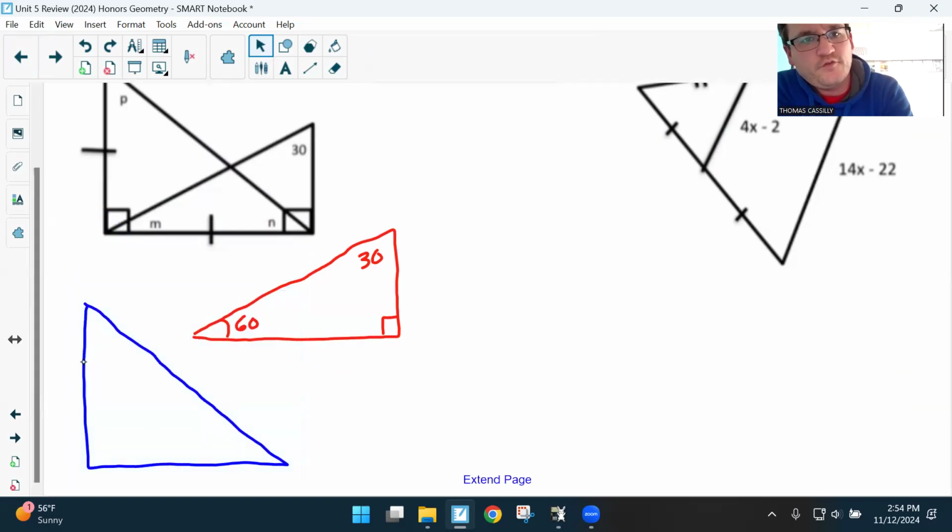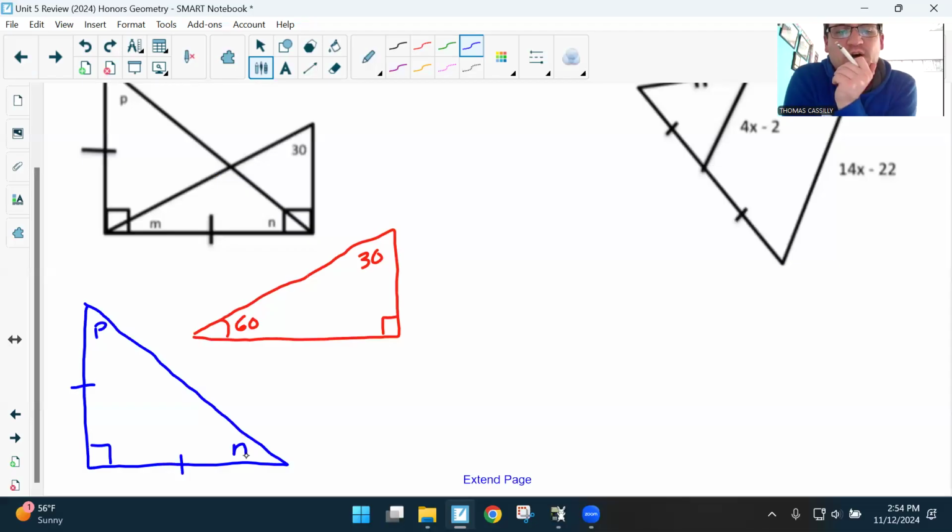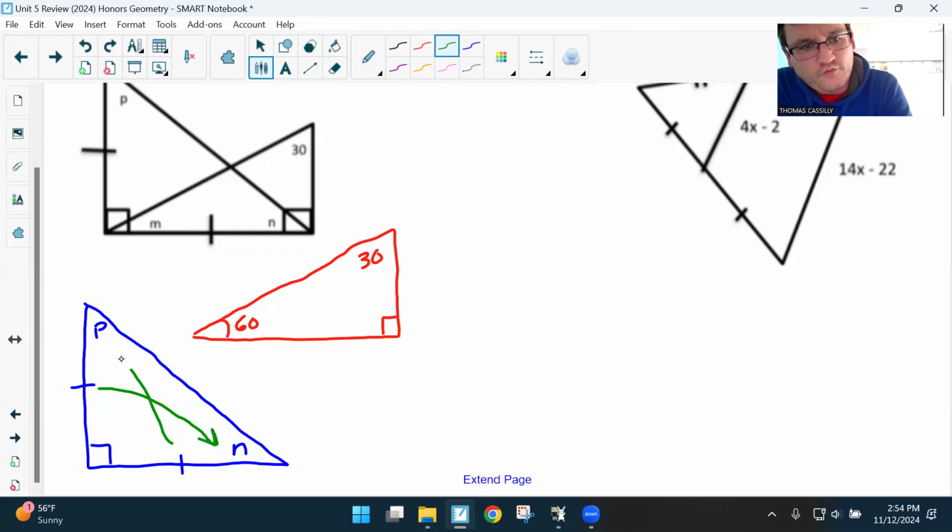Notice how I have a 90-degree angle right here, and I have an isosceles triangle. So we have point P right here. We have point N, angle N right there. Well, guess what? We have an isosceles triangle. We have 2 congruent sides. That means we have 2 congruent angles. So what does that mean about P and N?